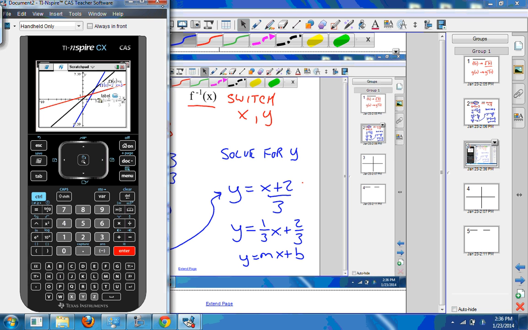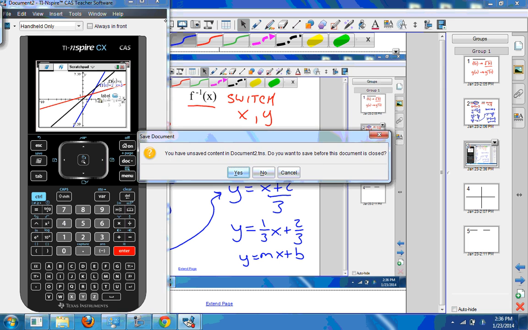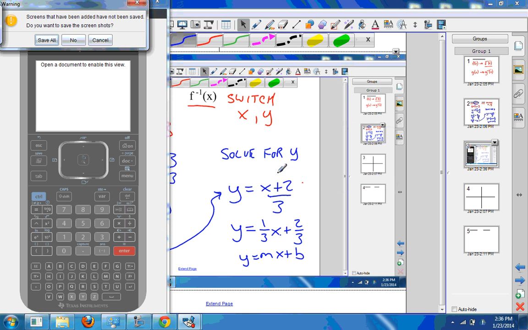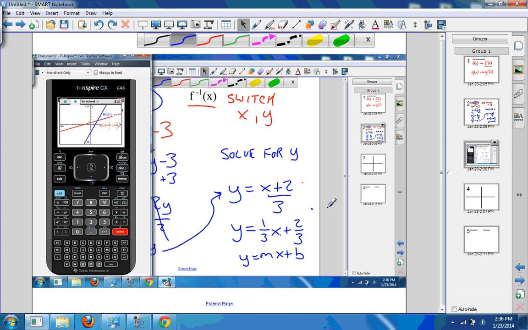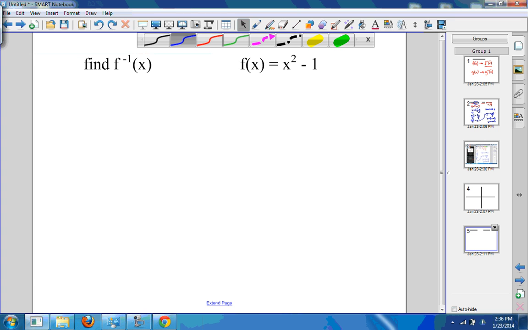Alright, moving on, let's look at another inverse. Let's look at the inverse of x squared minus 1. The inverse is going to be f to the negative 1 power of x.